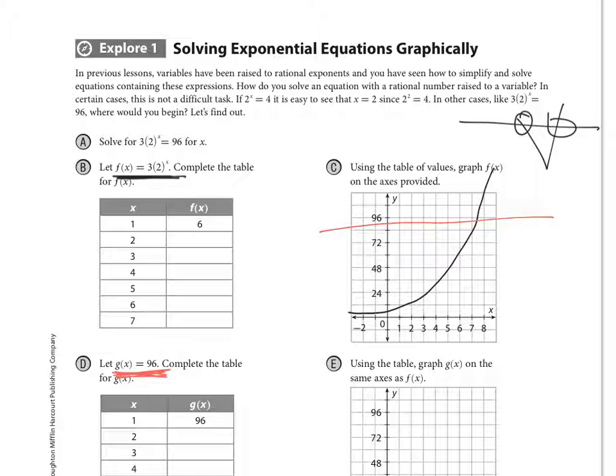Number 5, intersect. And then all you have to do is press enter 3 times. First curve, it should be on your exponential. Second cursor, it should be blinking on your horizontal line. And then guess, press enter. And where do they intersect? The point 5, 96. There you go. And we're done.